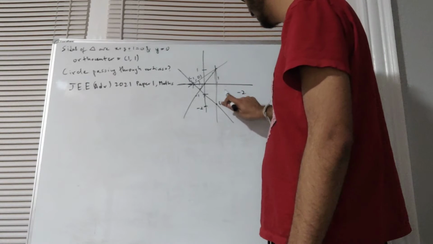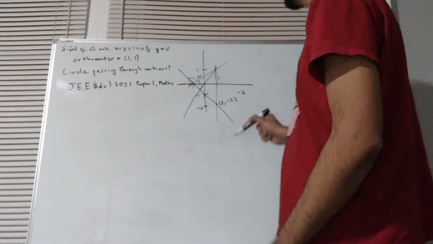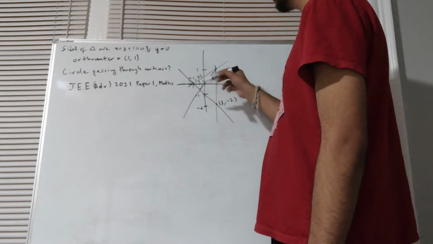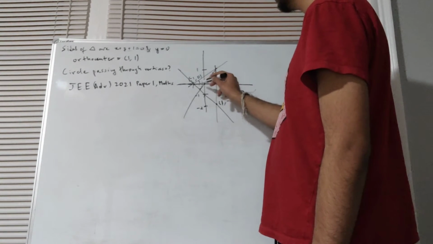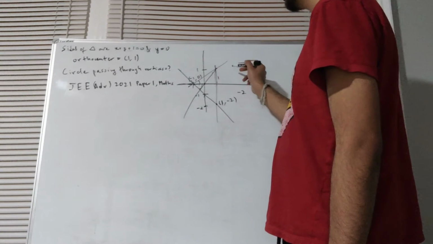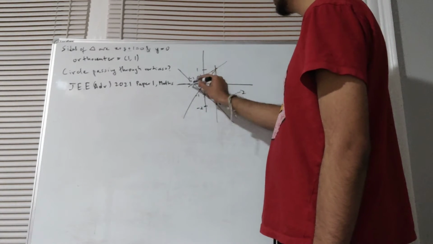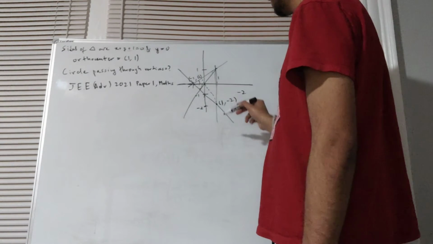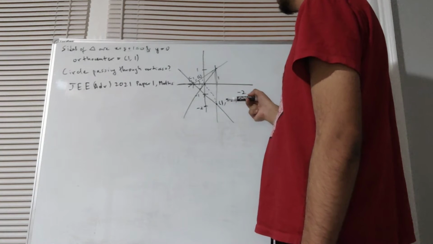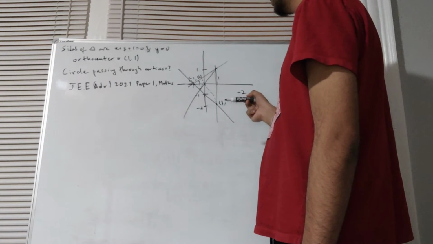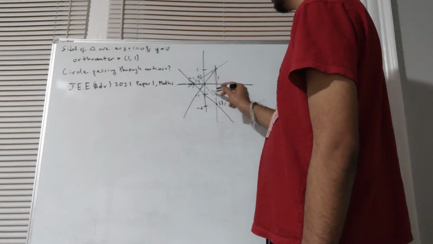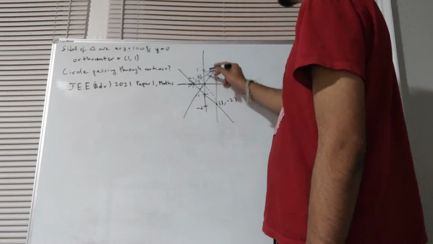Now this is 1 comma minus 2. So the slope of this line is minus 2. And also the slope of this line is 1 over 2, which is half. So that means this line is perpendicular to this line, which means that this is an altitude of this line.